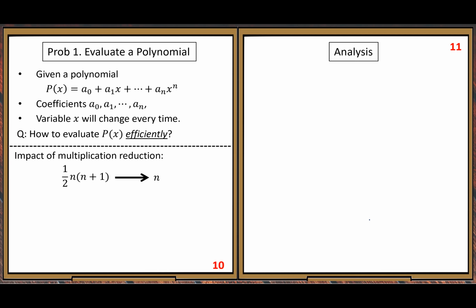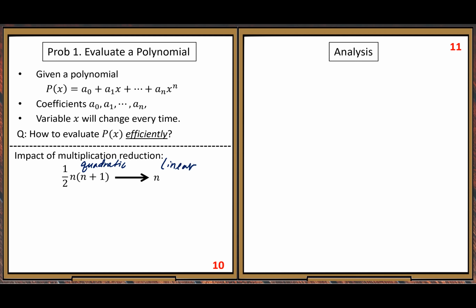Other than the forms, they have different forms. From quadratic to linear. The left-hand side is a quadratic form. The right-hand side is a linear form.